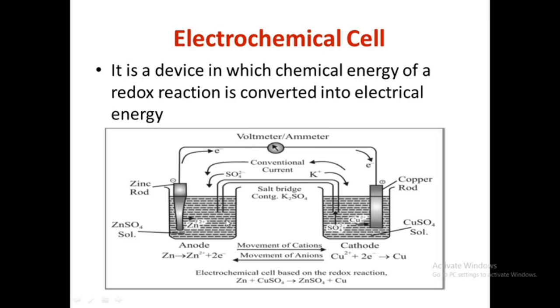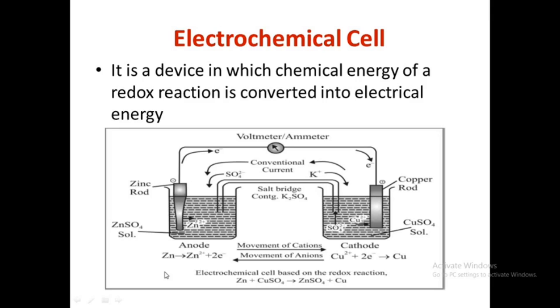Now let us discuss how the electrons are produced. When these two half cells are connected, always remember that oxidation occurs at the zinc electrode.